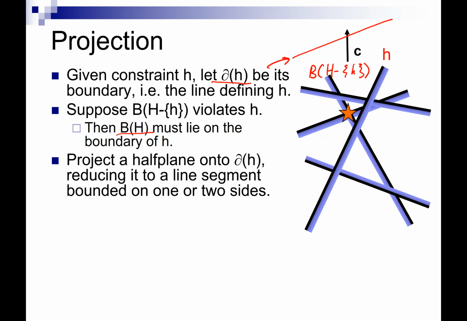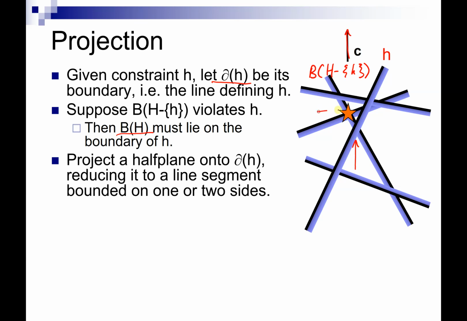Once you add in this little h line, we're trying to find the highest point possible. After you add in this constraint h, we still want to move in this direction as much as possible.